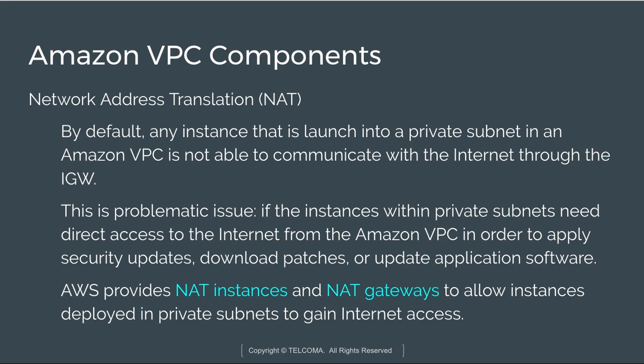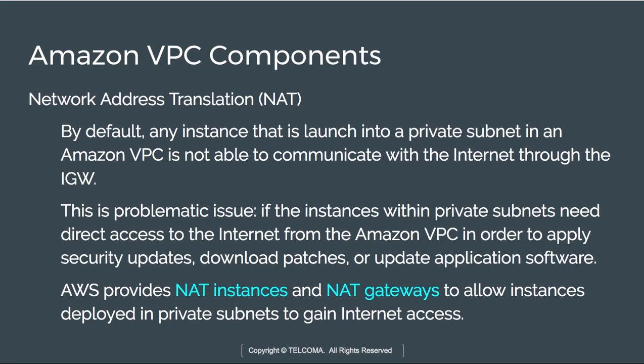Instances within a private subnet may need direct access to the internet from the VPC, for example for security updates, patches, and application software updates. So AWS provides network address translation instances and NAT gateways that can be deployed in public subnets so that they can gain internet access.